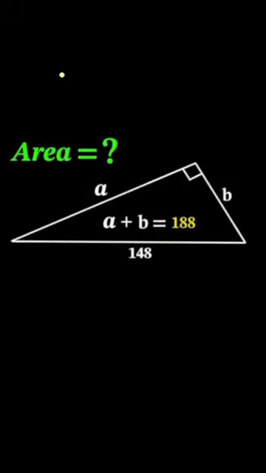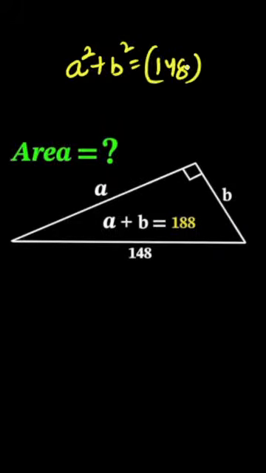Look, if I use the Pythagorean theorem, I'll have a relation like a square plus b square is equal to 148 square, which is the hypotenuse square. The sum of the squares of the legs is equal to the square of the hypotenuse. This is one identity. The second thing already given to me is a plus b is equal to 188.